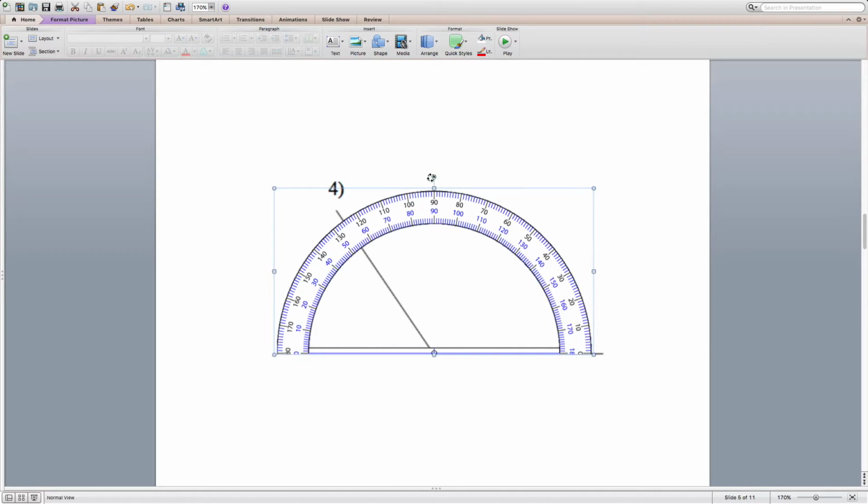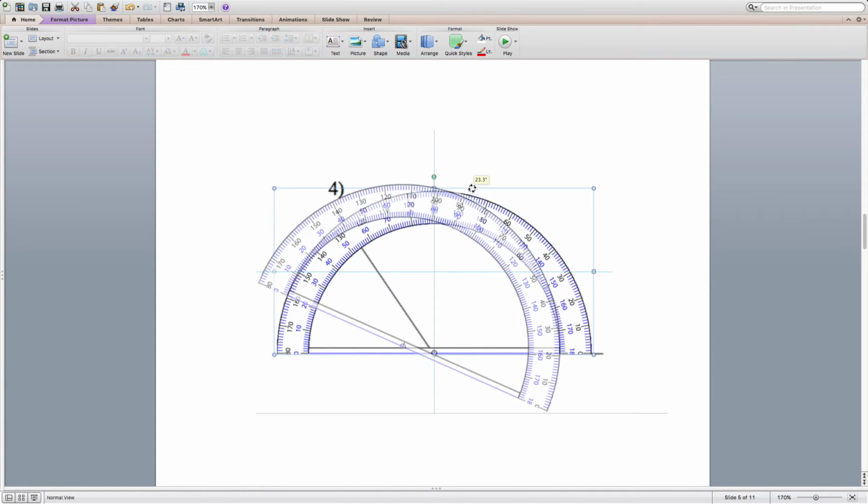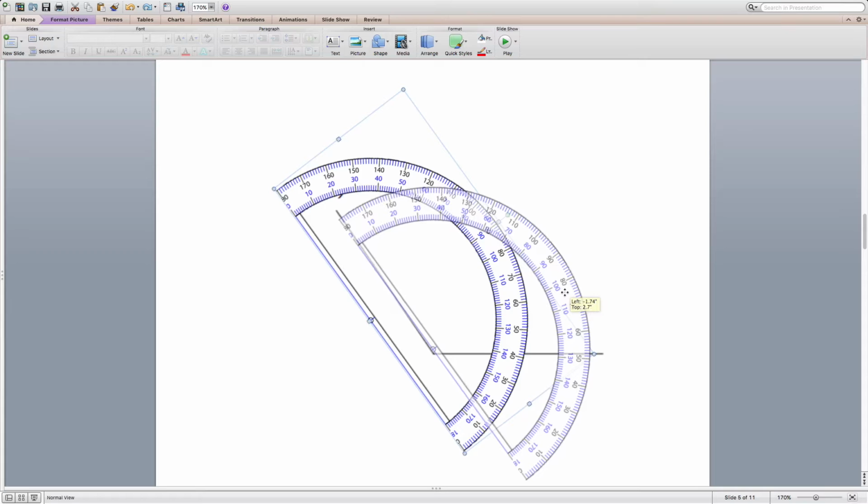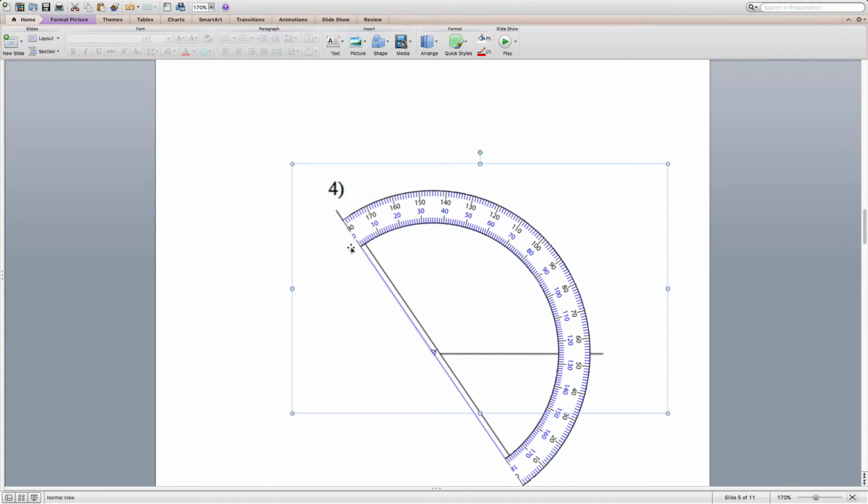However, I want to show you that you could twist your protractor, lining it up on the vertex. Using this other ray, we can line the midpoint of the bottom line of our protractor up on the vertex, and now as opposed to measuring starting on the right hand side, we're going to measure starting on the left hand side using the inner values since we're starting at 0.